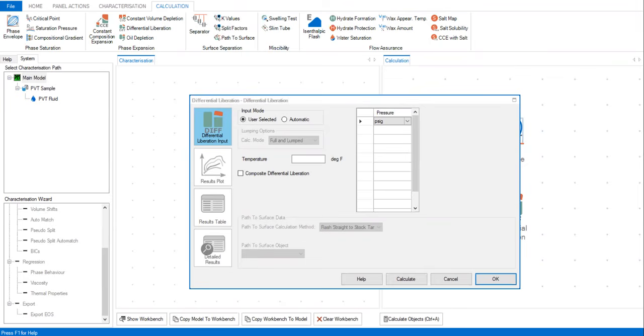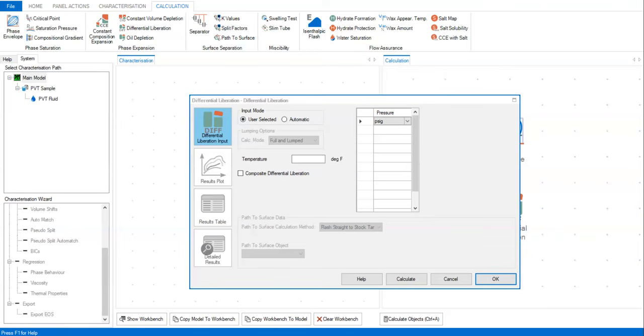Or you can also say the conditions the fluid is exposed to over the course of the experiment will determine the GOR as well as the formation volume factor. If the conditions are different, then the resulting GOR and the formation volume factor will be different as well, because it's path dependent.